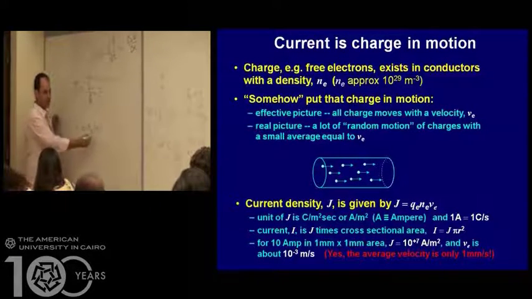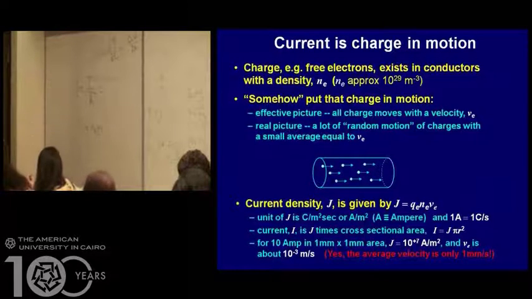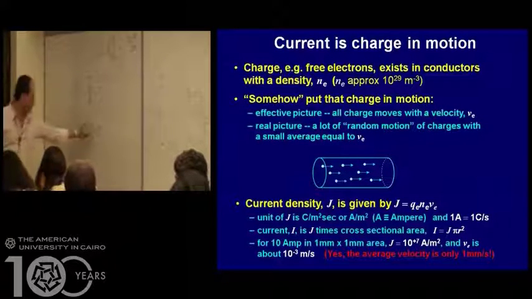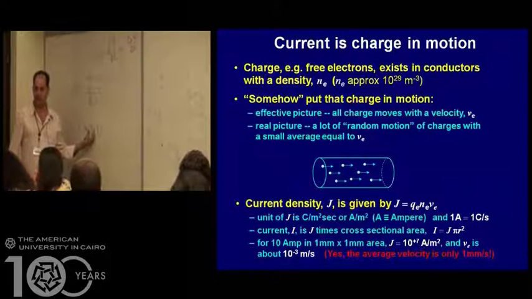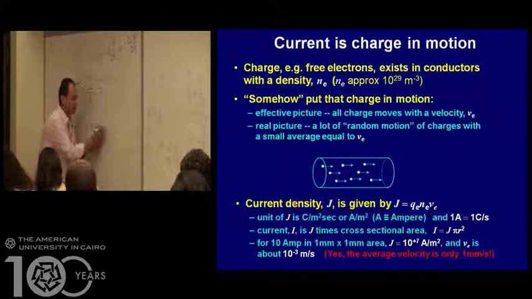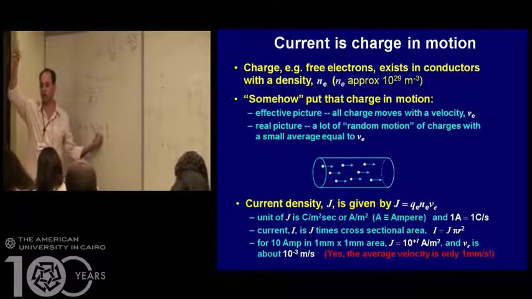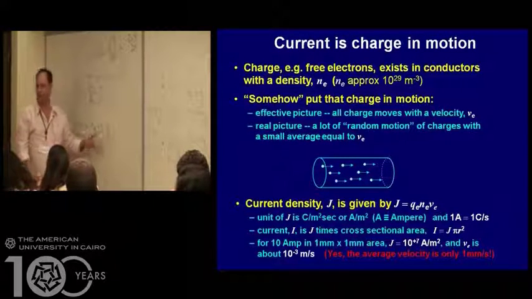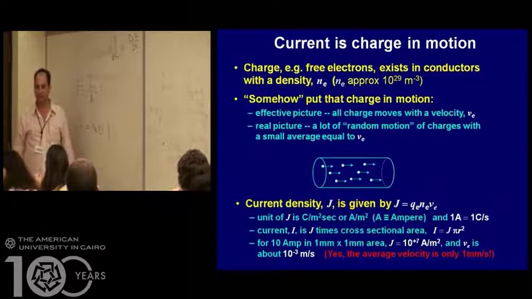The volume is A times the distance x. So how many charges do we have in here? The number of charges per unit volume times the volume times the charge of one electron. Am I right? Of course. Please pay attention.